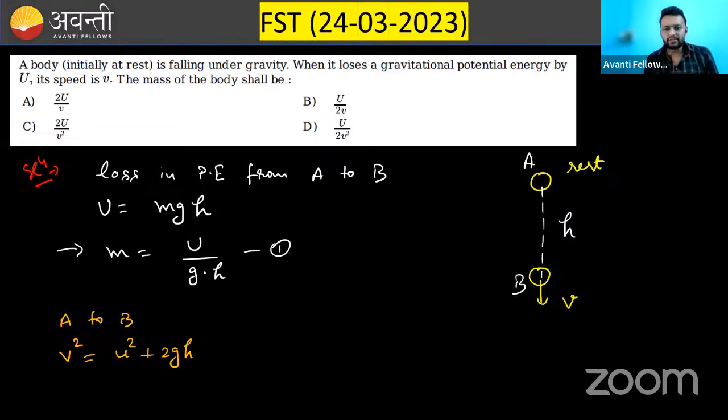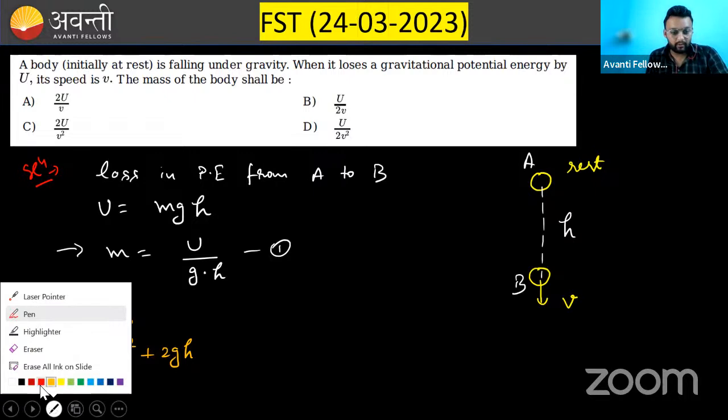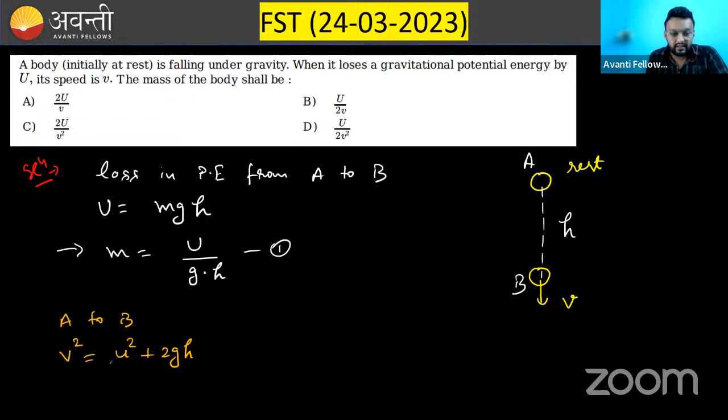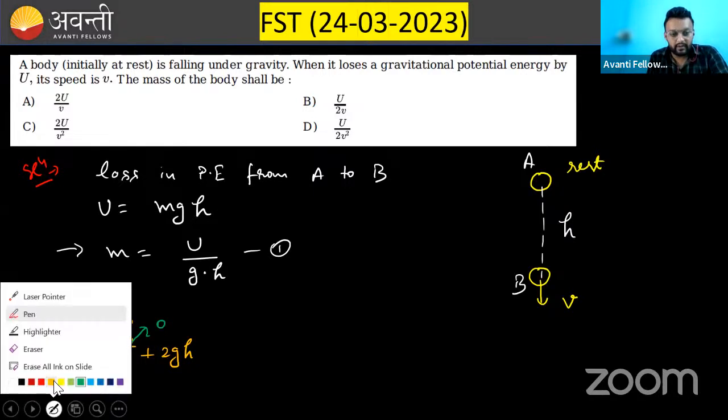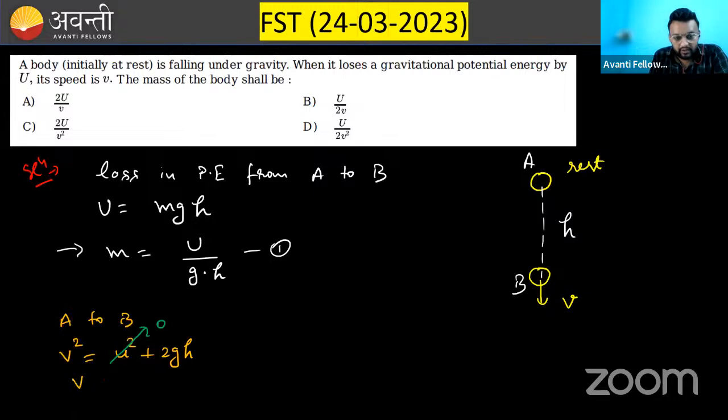Are you aware of these terms now? At least these things are required. If you don't know, then there will be a problem. So u is the initial velocity, and u is 0. Then it becomes v square is equal to 2gh. So what is the value of h? h is equal to v square by 2g.